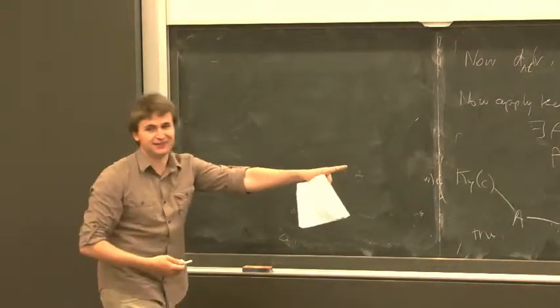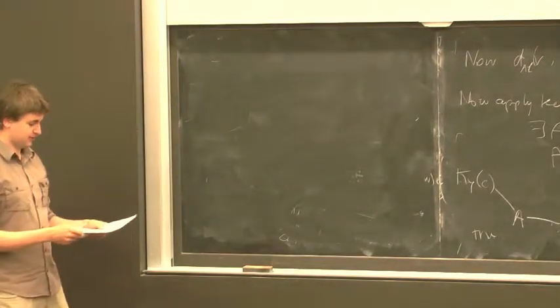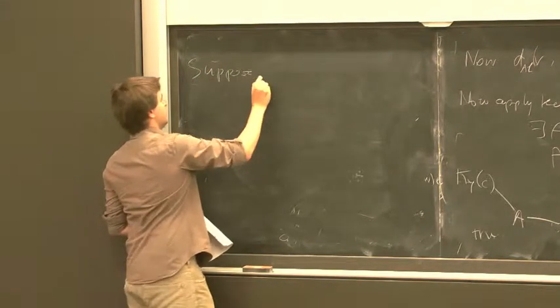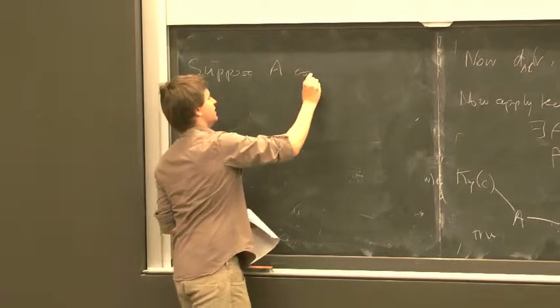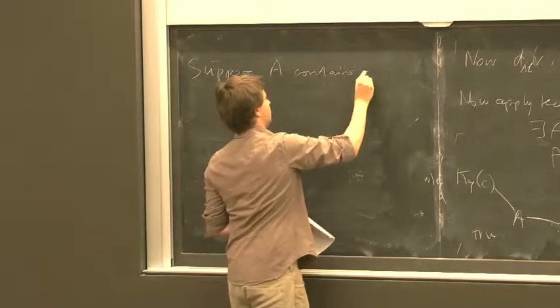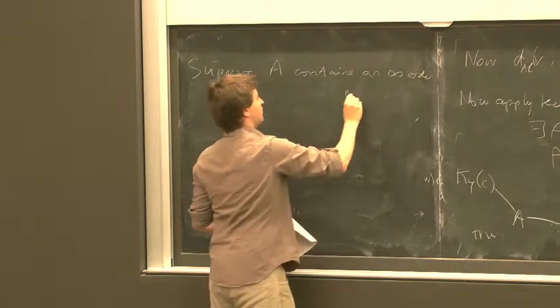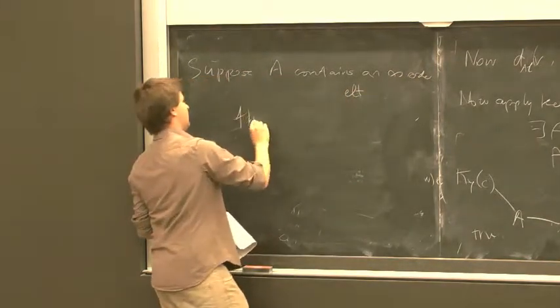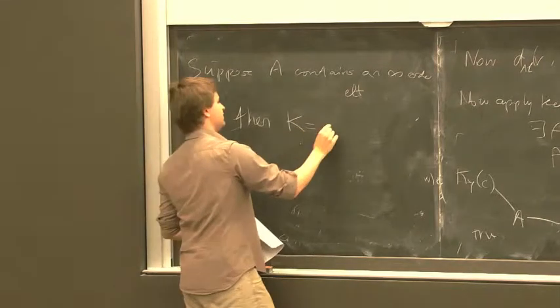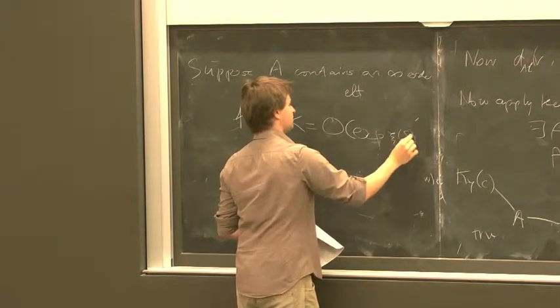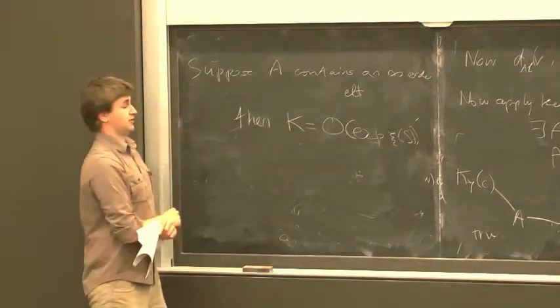So K must be linear in the complexity of the surface. But I'll tell you something. Suppose A contains an infinite element. Then you can take K to be some exponential of the complexity of the surface.